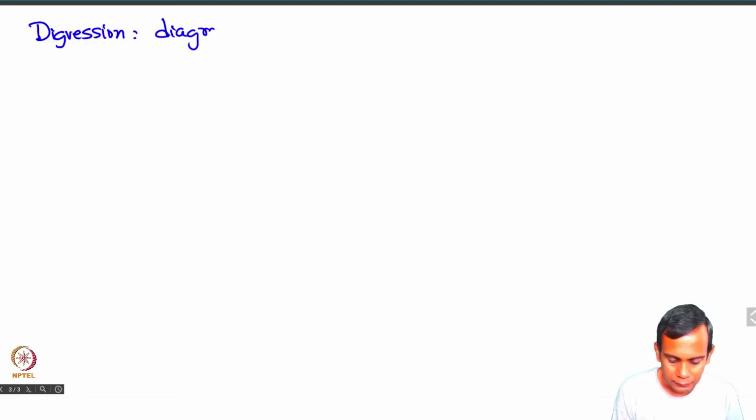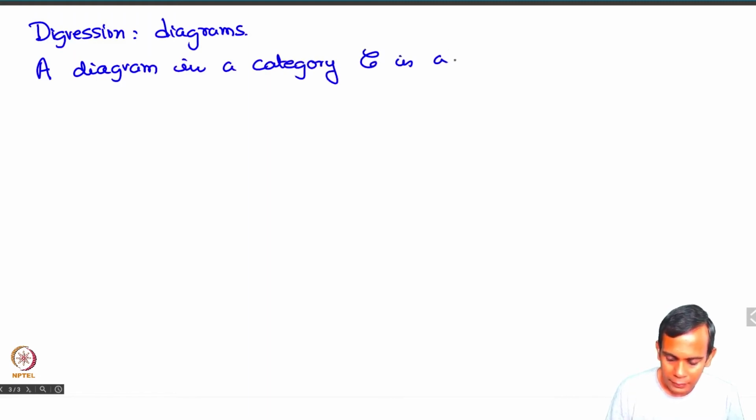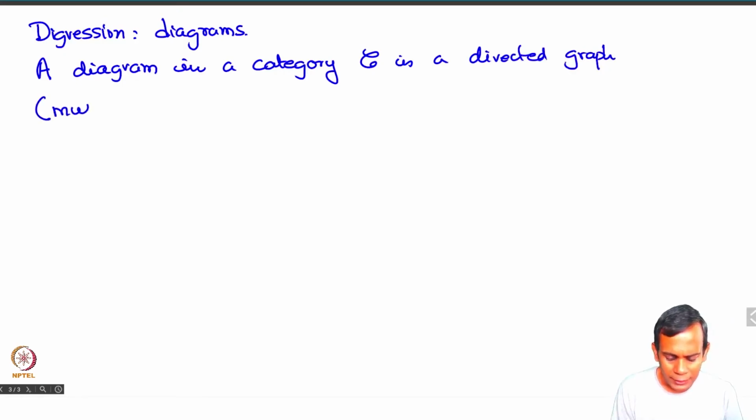Diagrams. So a diagram in a category C is a directed graph, and in this directed graph multiple edges between nodes are allowed and multiple loops are also allowed.